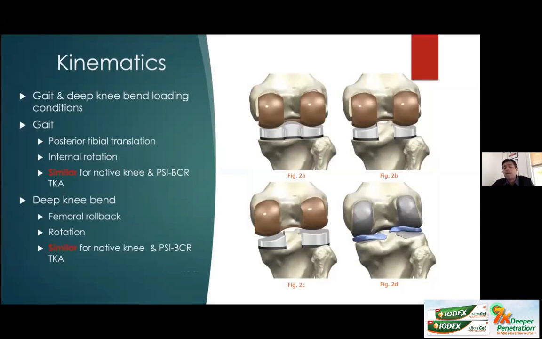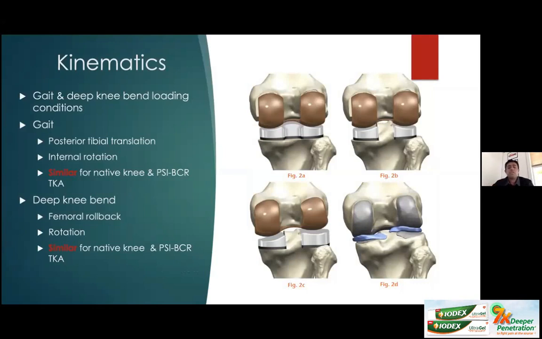And what they looked at was gait and deep knee bend. So in gait, what seems to happen is that there are similar kinematics between the native knee and a patient-specific bicruciate retaining knee. So you cannot just take a standard off-the-shelf bicruciate retaining knee and hope that it functions like the native knee. No, you have to make it very specific to the patient's native anatomy. How about deep knee bends?